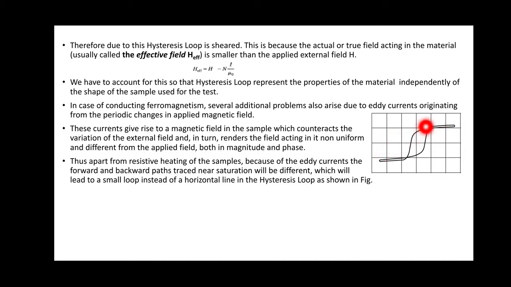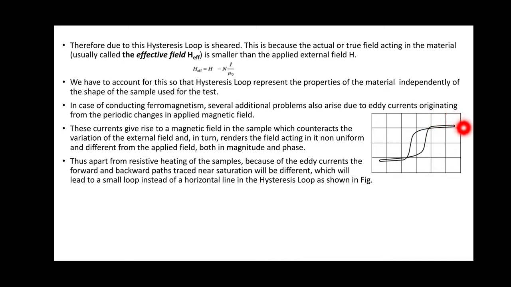So due to this, after reaching the saturation point, when we decrease our external field, due to the eddy current the resulting field does not decrease at first, it increases.